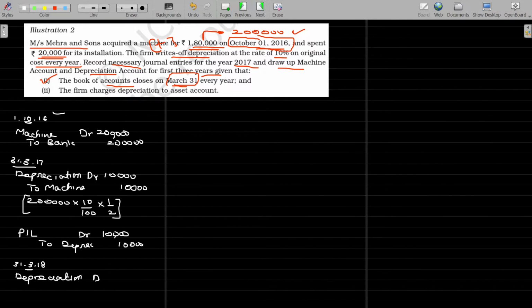Depreciation account debit to machine account for 2 lakhs, 10% being 20,000. Immediately this value will be transferable to the P&L account. So profit and loss account debit to depreciation, the value being 20,000.